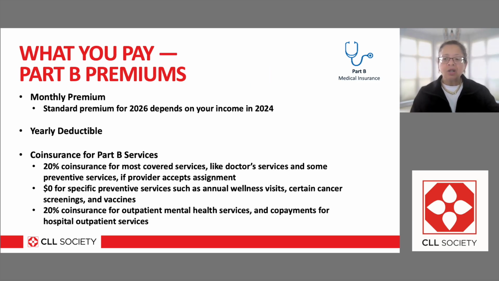While Part A is free to most people, in Part B you are paying a monthly premium, and that premium is dependent on your income two years earlier. Your premium is what you pay to buy Part B. Your deductible is what you must meet out of your own pocket before the coverage kicks in to pick up part of the cost.